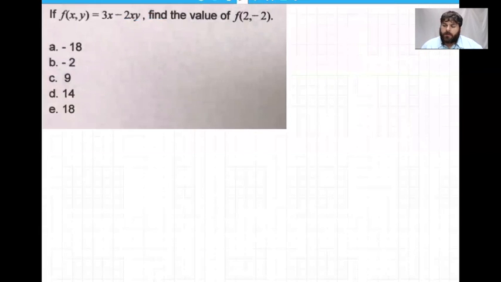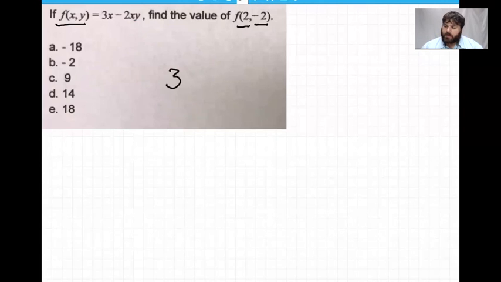All right. If f of x y equals 3x minus 2xy, find the value of f of 2, -2. This is the same thing as regular function notation. There are just 3 variables: a z, which is this thing here, and then an x and a y. So we know that x is 2 and y is -2. All we're doing is evaluating.